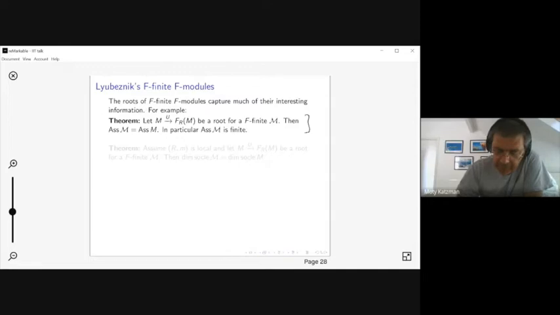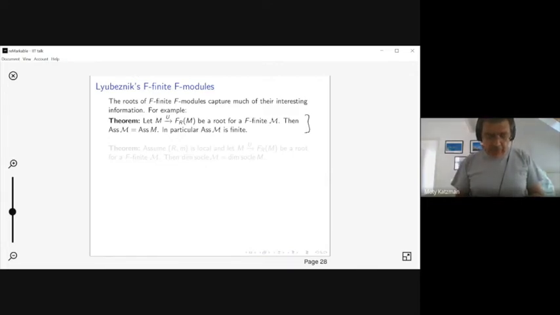He said if you have any finite F-module, and if you choose any root, and I should say that given a generating morphism for a finite F-module, you can always use it to produce a root for it. So finite F-modules have roots.